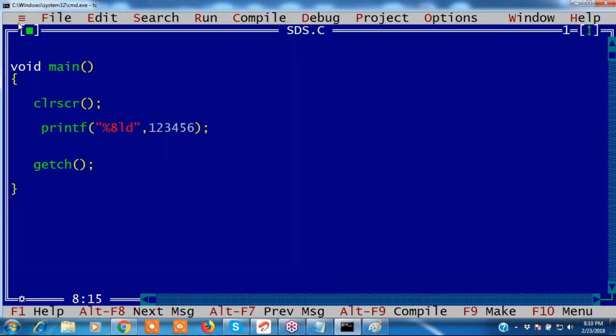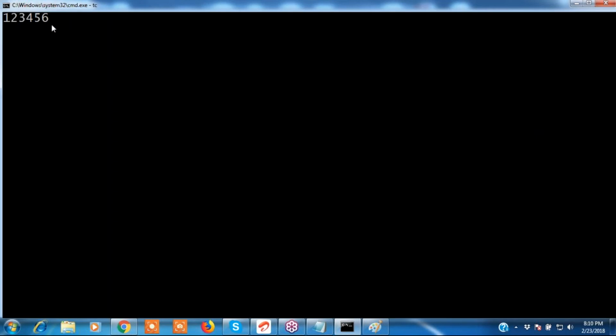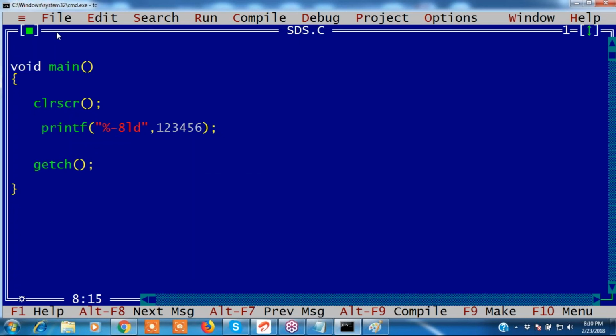Same with minus 5ld, minus 8ld, after that two spaces it is giving. For %d or %ld, it will work. ld means long integer, %d means only integer. If you are using a large number, you have to use %ld. You understood how %5d and %-5d give output.